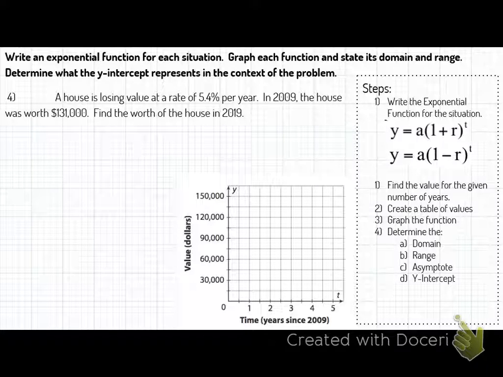Find the worth of the house in 2019. So on this example now, everyone, we're back to the house. I'll read it one more time. Our house is losing value at a rate of 5.4% per year. In 2009, the house was worth $131,000, and we want to find the value in 2019.